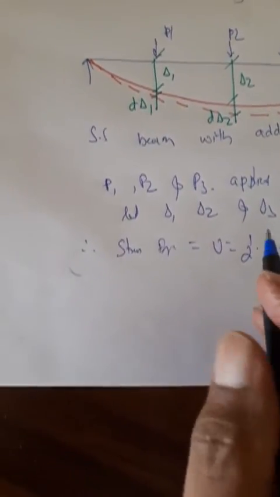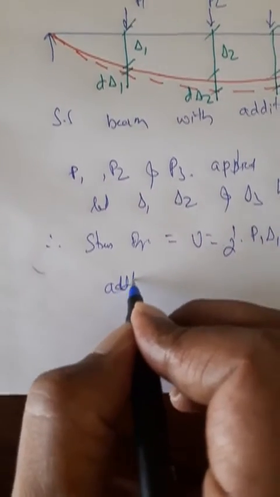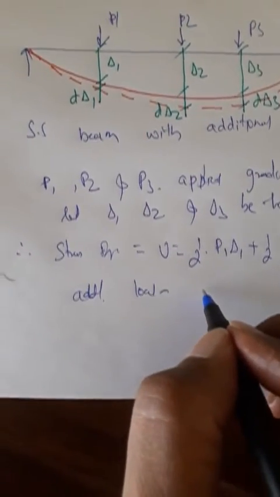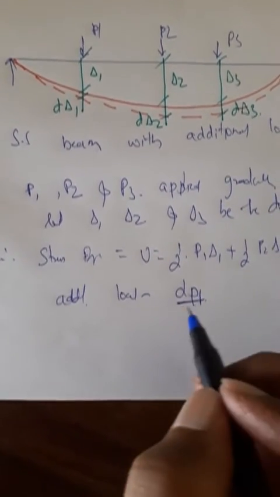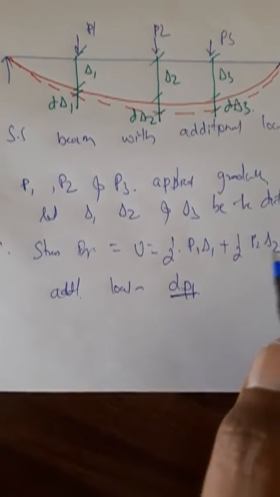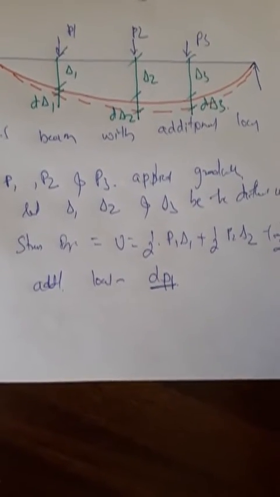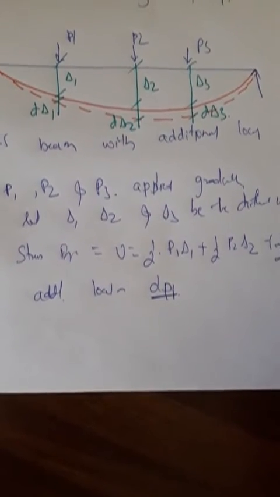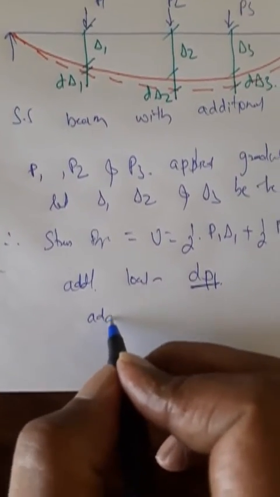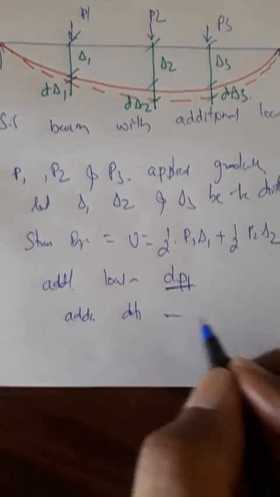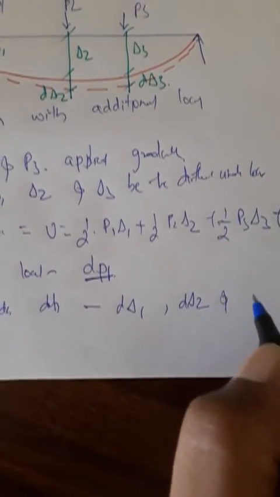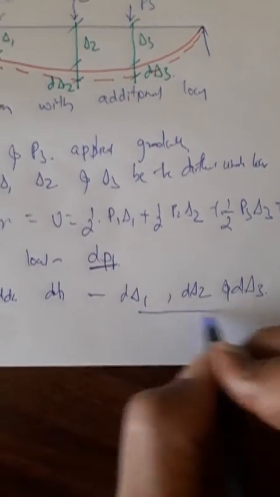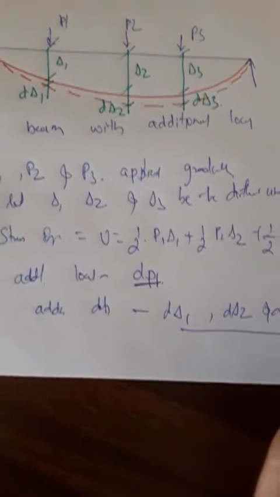Now let us apply an additional load. Let the additional load applied be d of P1, applied after the loads P1, P2 and P3 are applied. Let the additional deflections be d of delta 1, d of delta 2 and d of delta 3. These additional deflections are produced because of the additional load d of P1.